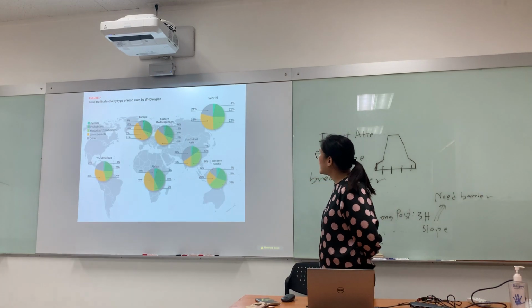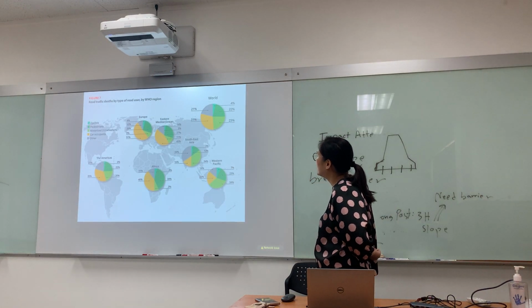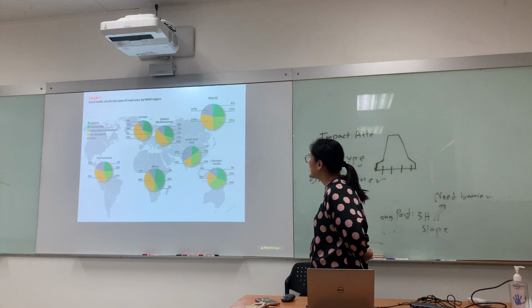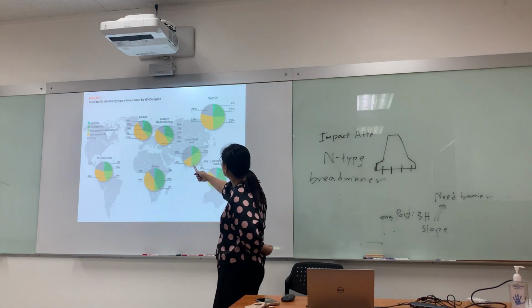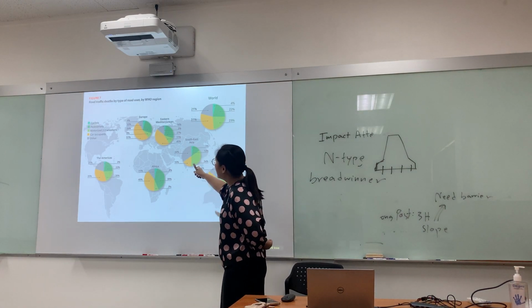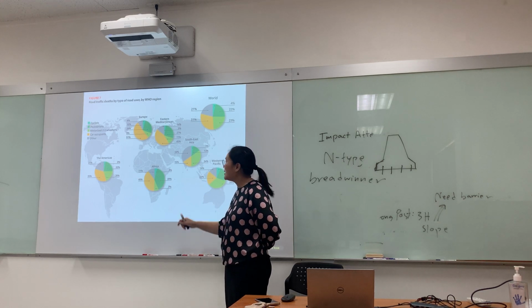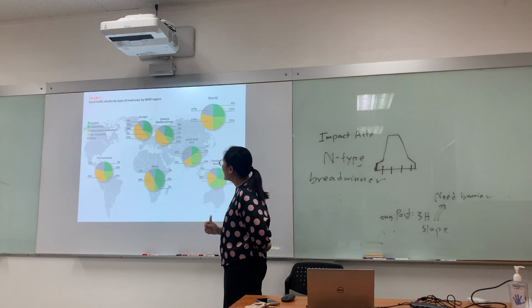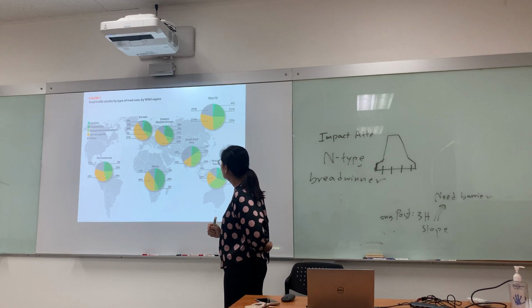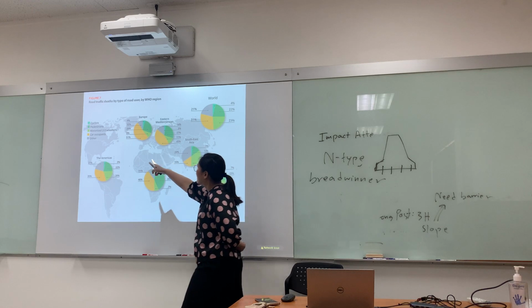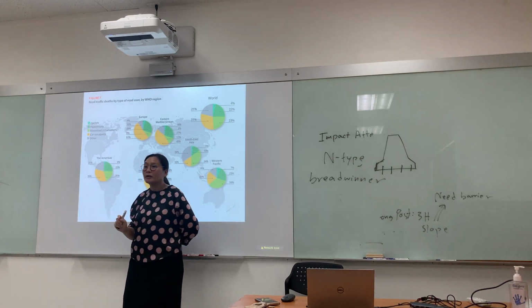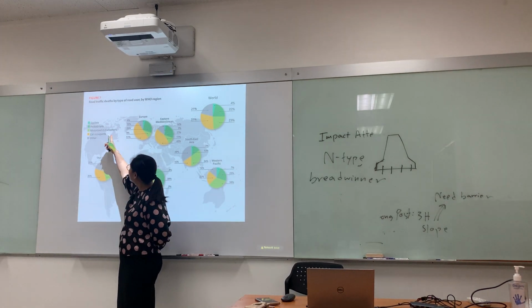So if we are looking at the map all over the world, Southeast Asia, we are here, right? Then let's take a look at road traffic death by type of road user. In our country, who dies a lot? 34% motorcycle.